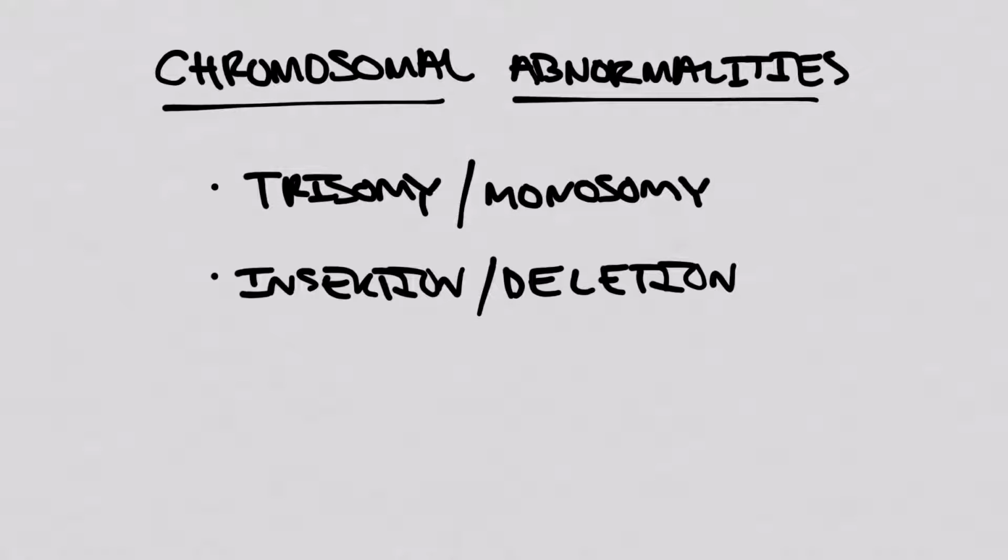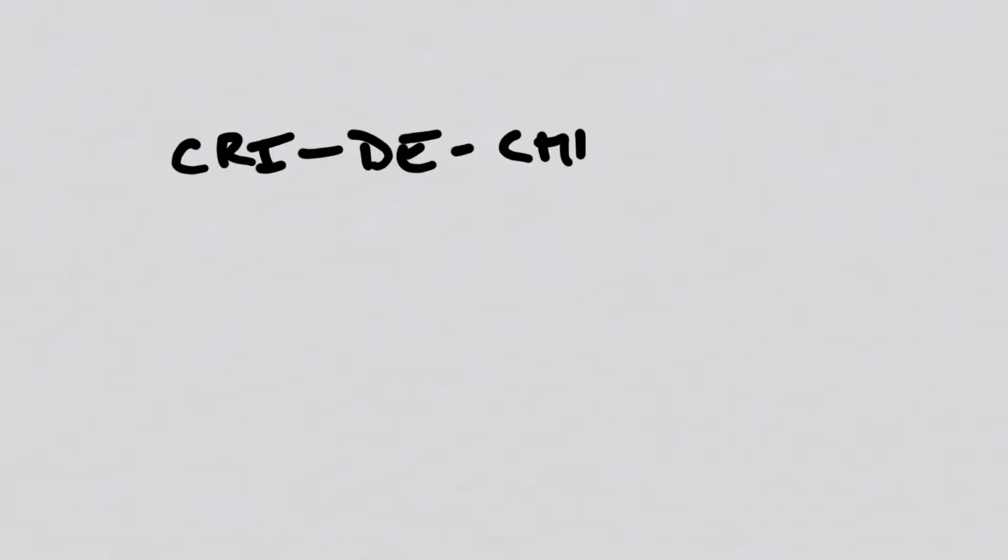I'm going to give you an example of a certain type of deletion. There's a syndrome called cri du chat. It means, if you speak French, you'll know this, cry of the cat.